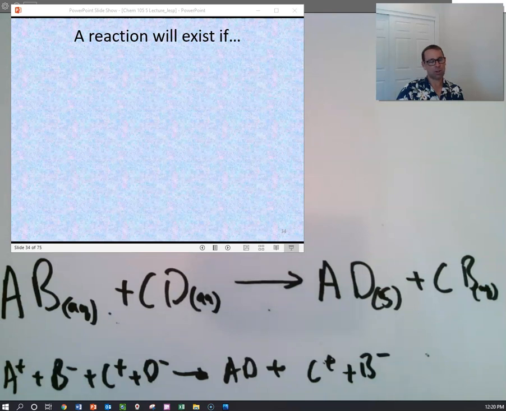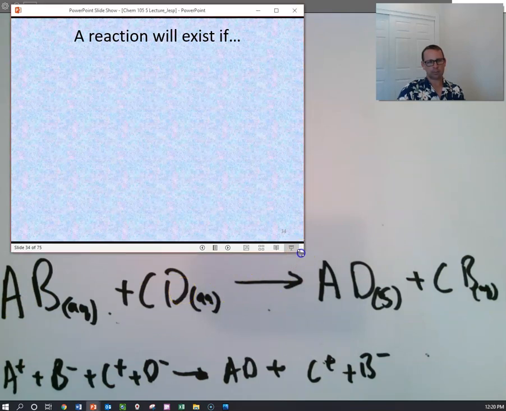Sometimes people call metathesis a double replacement reaction. All right, so in this double replacement reaction, you get ionic compounds that are dissolved in water trading places with each other in terms of the cation from one compound going with the anion of the other.